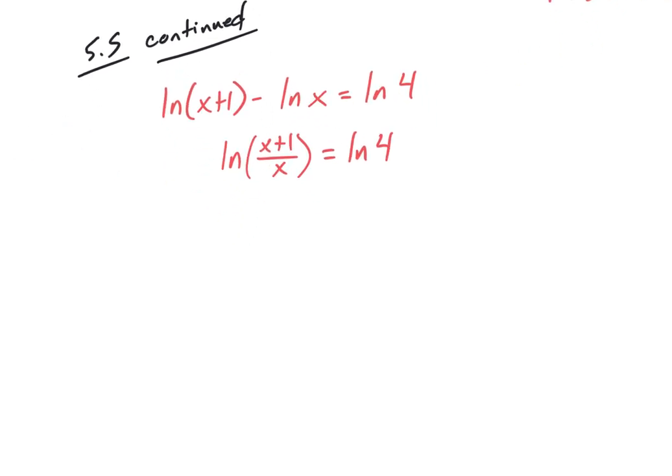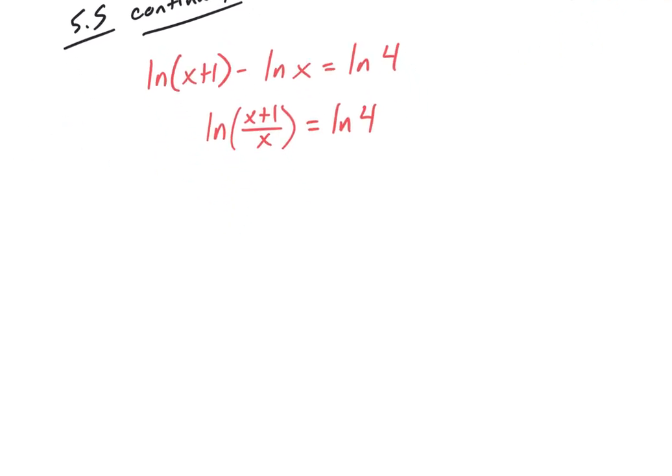So we're going to do essentially the same thing down here. This expression and this expression have to be the same. Because there's an ln in front of both of those, I can essentially drop the ln off to get this, because whatever's in this spot has to be 4 to make these two equal.